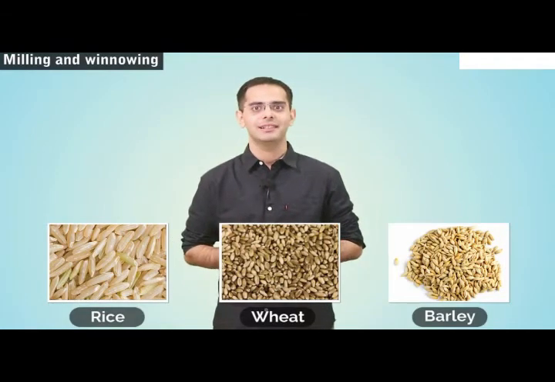So even in agricultural practice, farmer does the same thing, that is, separates or removes the undesired things such as chaff from the mixture of grain and chaff until the desired things, that is rice, wheat or barley, they are left. Thus, winnowing is the method by which heavier and lighter components of a mixture are separated by wind or by blowing air. Now with this, I end this module and we will meet again with many more interesting methods of separation.